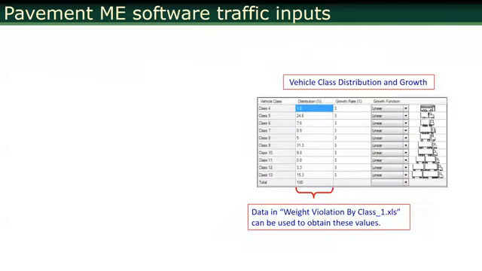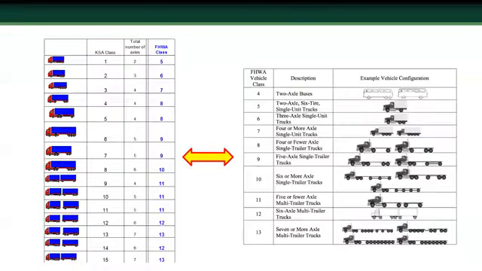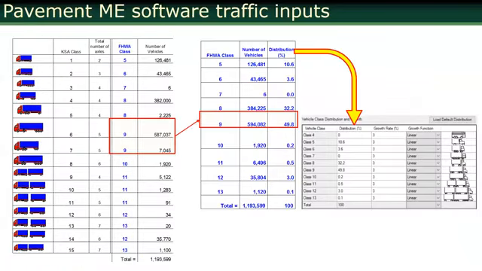Let's work on those. So what we had was this total number of vehicles for each class. So what we needed to do was group these into these 10 classes of vehicles in Pavement ME. So if you look at classes 6 and 7, we mapped them to class 9, for example.